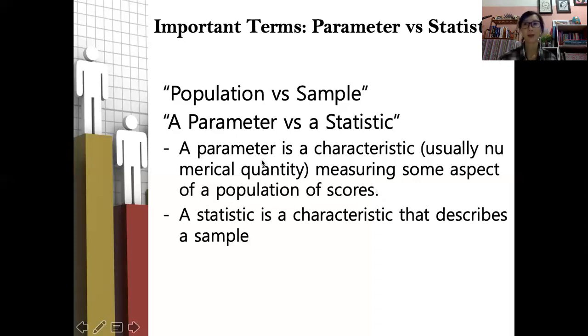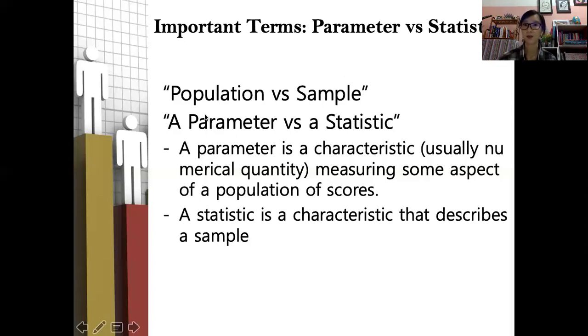But when you calculate a particular measurement for a sample, we call it a statistic. Okay, so parameter and statistic both are numerical quantities measuring some aspects, but taken from different groups.